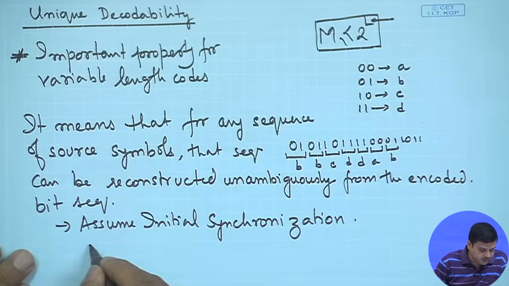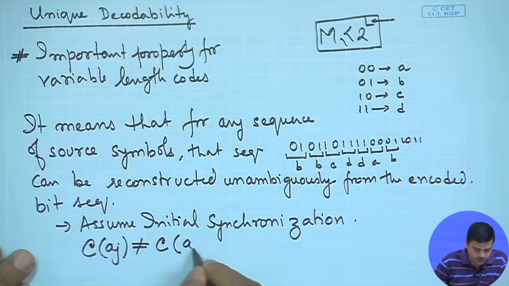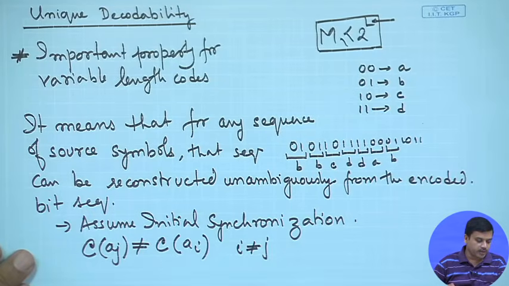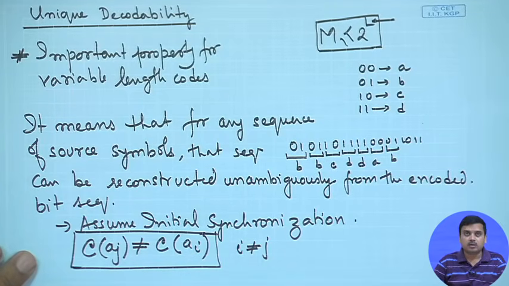So, what we are trying to say is that it requires code for a j not equal to code for a i when i is not equal to j. So, this is a clear requirement that the two codes do not match.